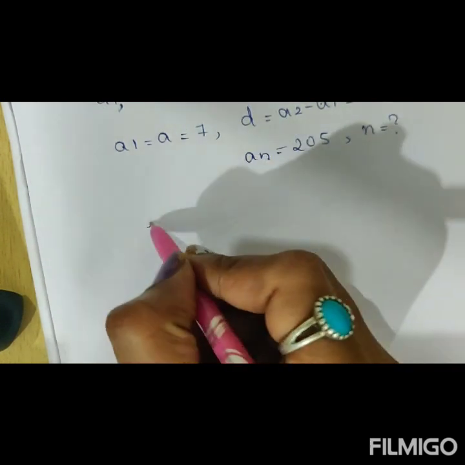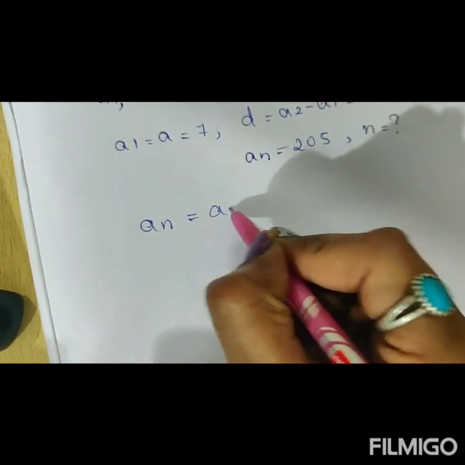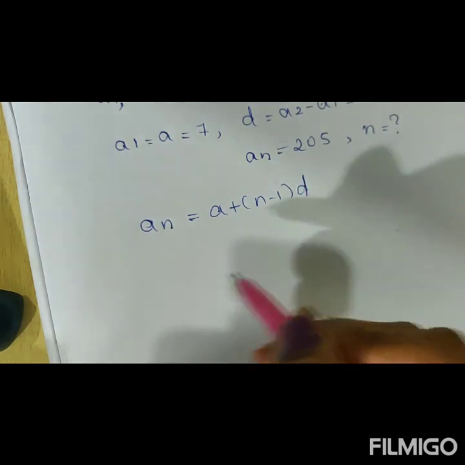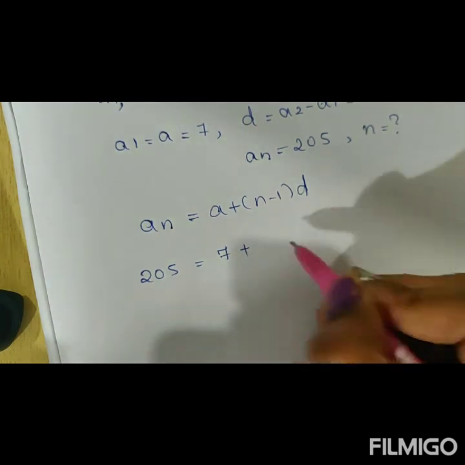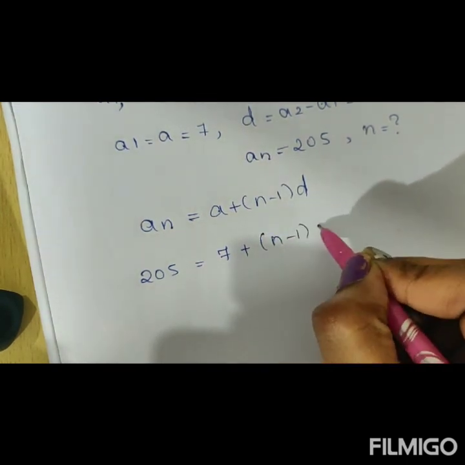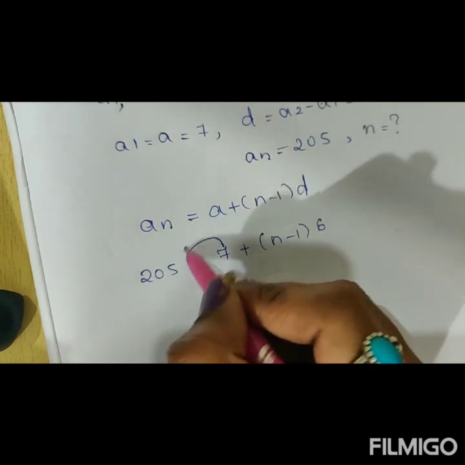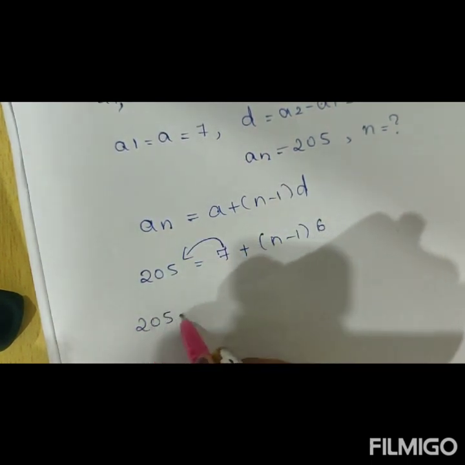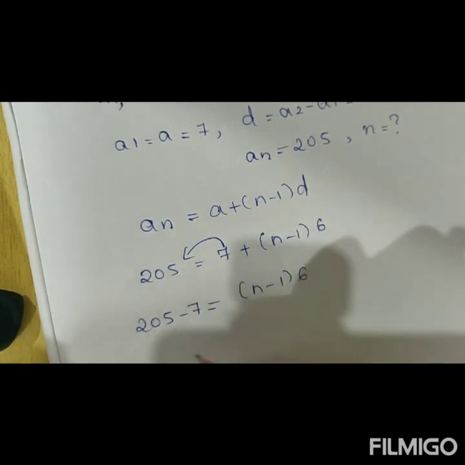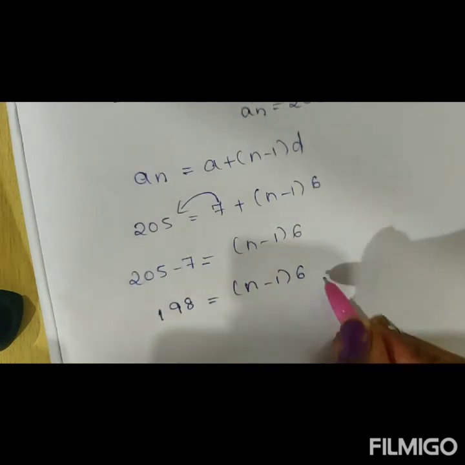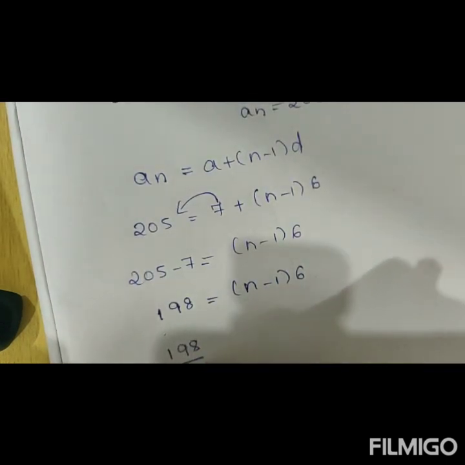So let's substitute and find the value. We know that an is equal to a plus n minus 1 into d. An is 205. A value is 7. N value we have to find out, d is 6. Let's take 7 this side. So 205 minus 7, that's equal to n minus 1 into 6. So 205 minus 7 is nothing but 198 is equal to n minus 1 into 6. 6 will come to the denominator. 198 by 6 is equal to n minus 1.